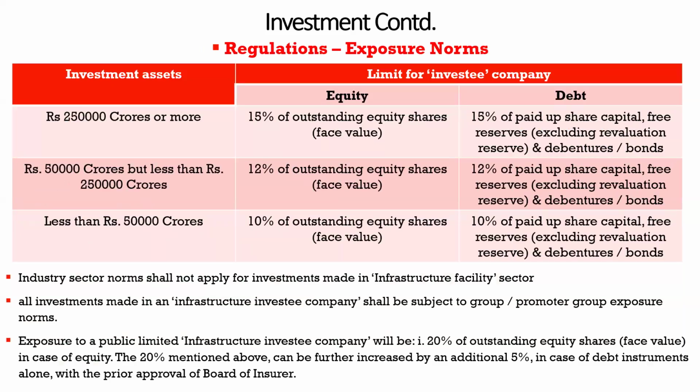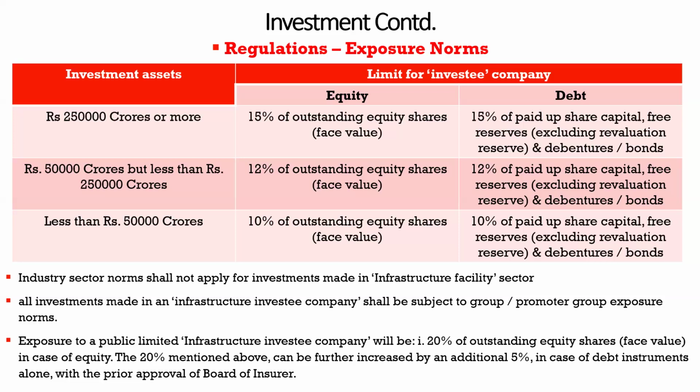Another thing, this limit is on the basis of the amount of investment. If the investment value is 2,50,000 crore or more, then the limit for equity is 15% of outstanding equity share, and debt is also 15% of net worth, paid up share capital plus free reserve and debentures and bonds.